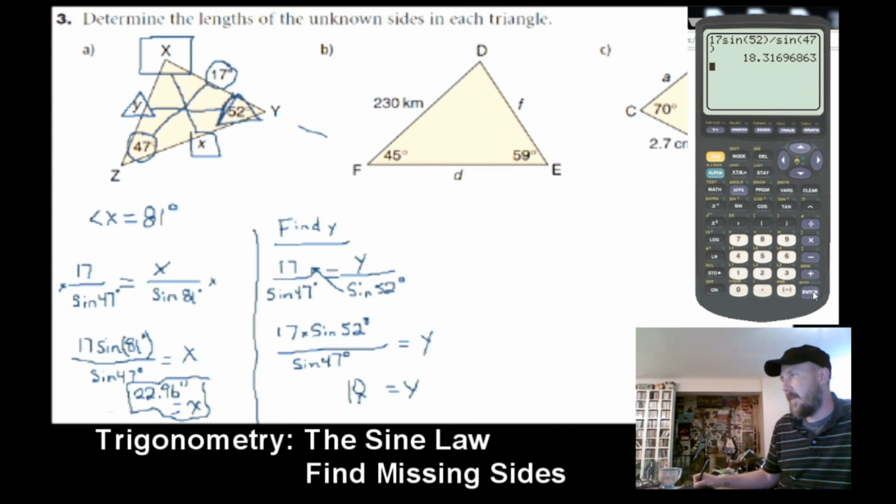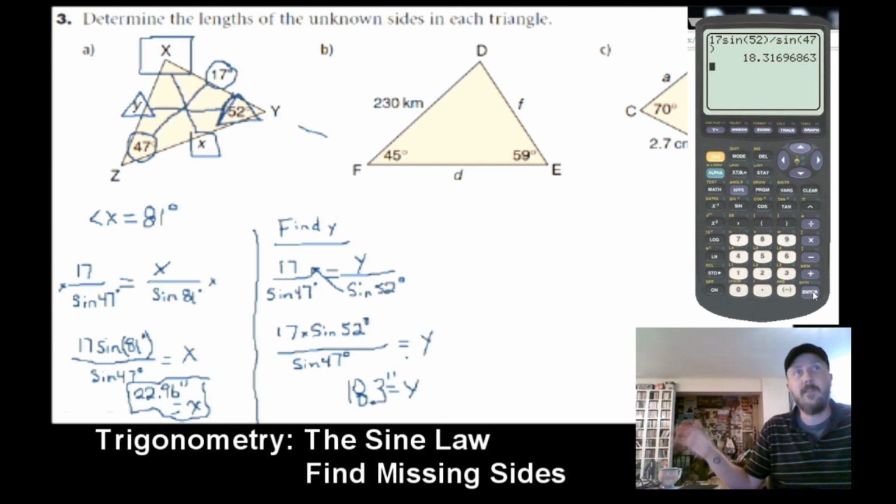And there is one case that we'll see another day that this can't solve, which will need another law called the cosine law. But for the most part, this can solve quite a bit of stuff. So this sine law is pretty powerful. And you can solve even right triangle stuff with the sine law.